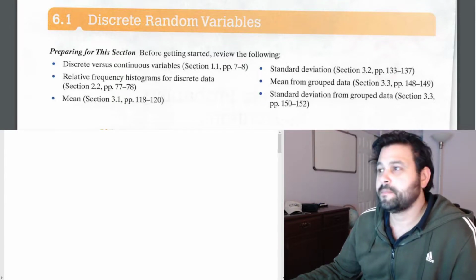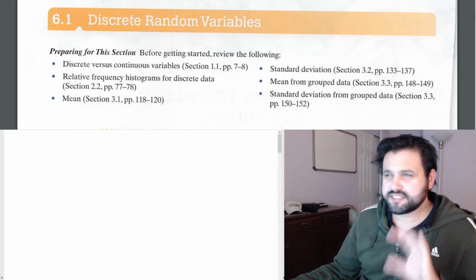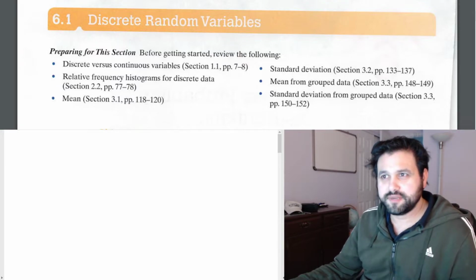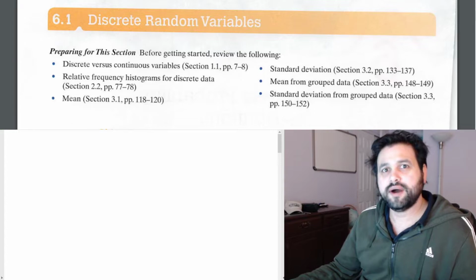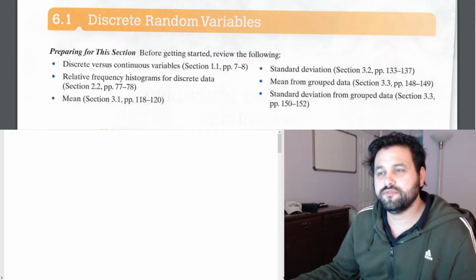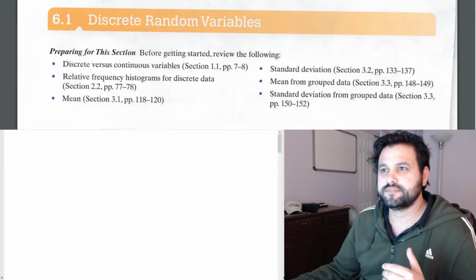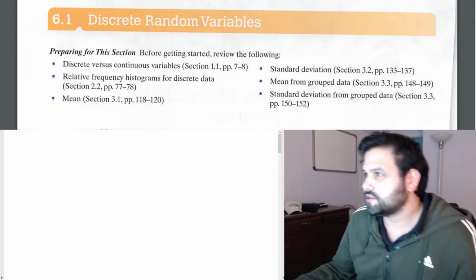So in 6.1, we're going to review some of that, and then continue on with more formal definitions of discrete random variables and types of distributions. Okay, so let's take a look at the book here.